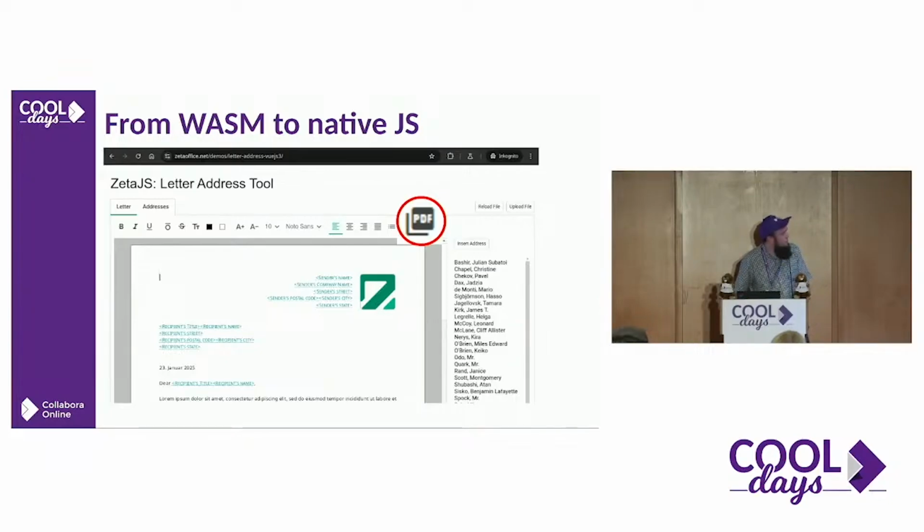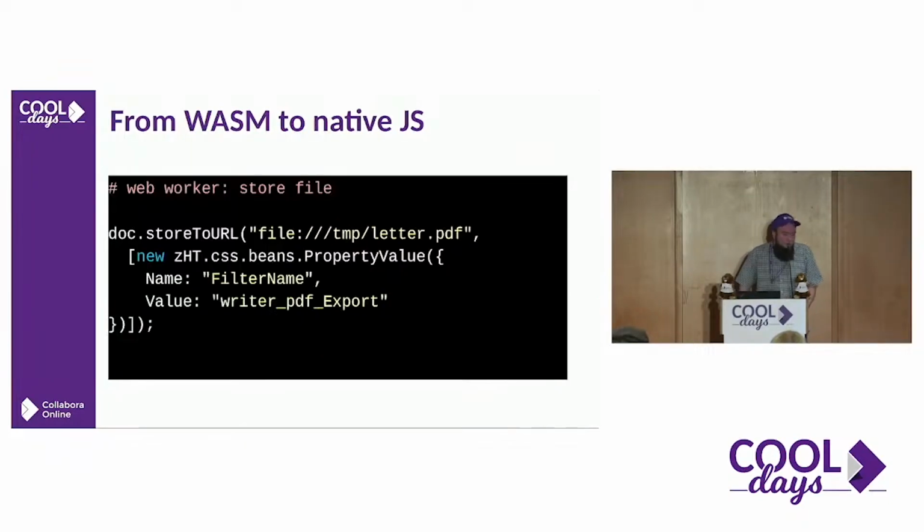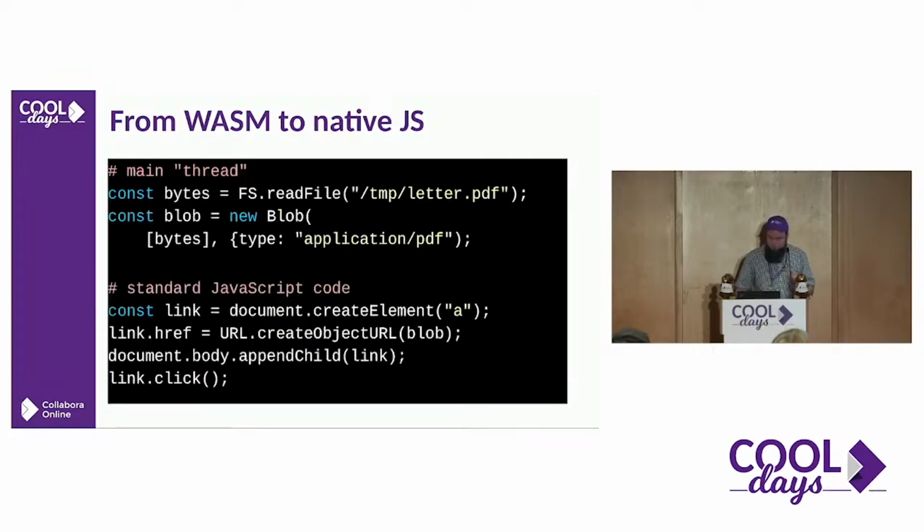We also have it here, and let's just do a quick dive in the code we have for that. So this is basically standard UNO code, which instructs the LibreOffice code running inside the WebAssembly to save this document as a PDF to a kind of virtual file system, which is provided by the Emscripten environment, which we are using for WebAssembly. And then you basically have standard JavaScript code here, which is reading this data from this virtual Emscripten file system, putting it into a byte array, and then via standard JavaScript code.